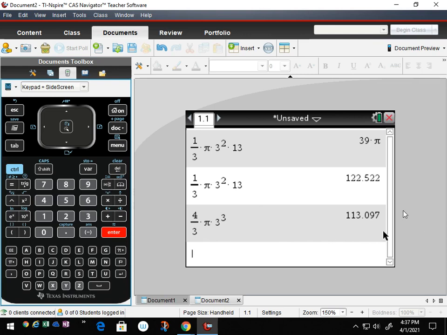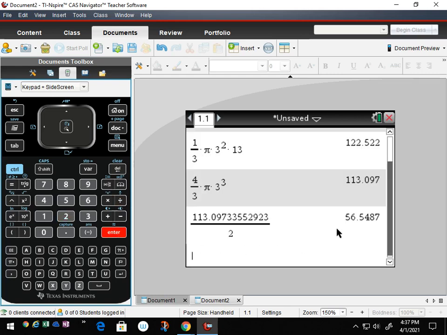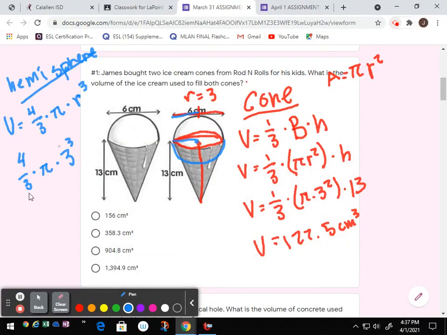But remember, we found a whole sphere right here. So to find a hemisphere, we need to divide this number by 2. So our hemisphere is 56.5. So our hemisphere volume is equal to 56.5 centimeters cubed. That's our volume for our hemisphere. That's our volume for our cone.